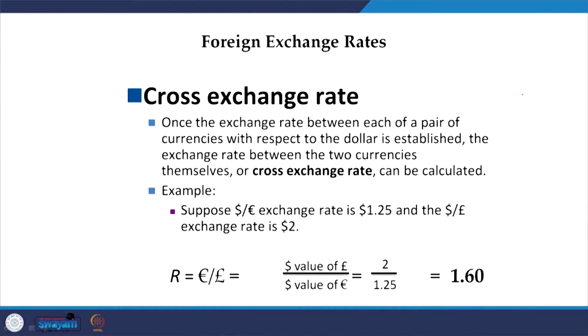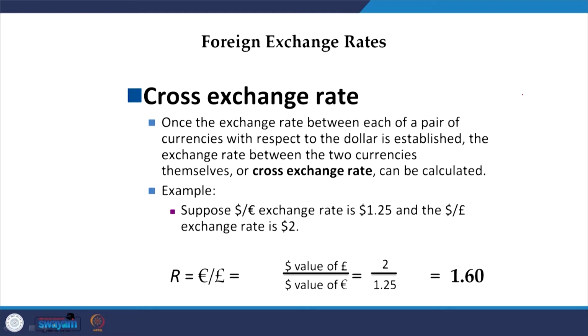So, cross exchange basically means once you have calculated a particular currency, you can also calculate other currencies based on this cross exchange. For example, here we have dollar and euro, which we already cited, where the exchange rate is 1.25 between dollar and euro, or per euro can purchase 1.25 US dollar.